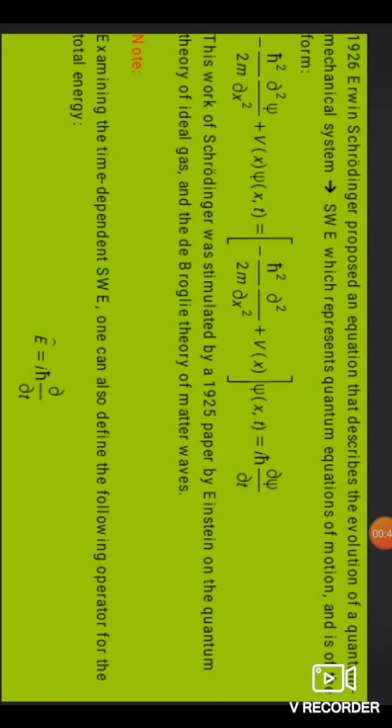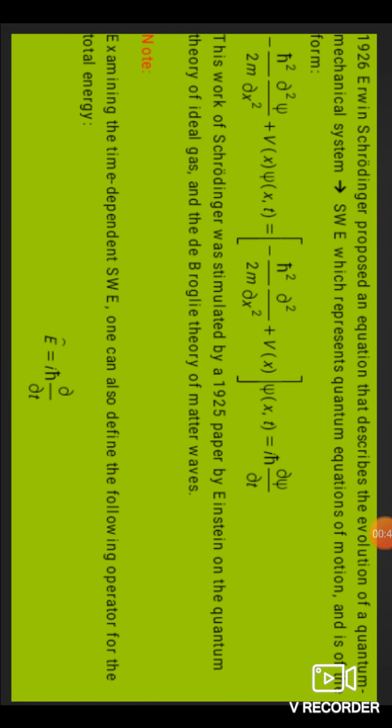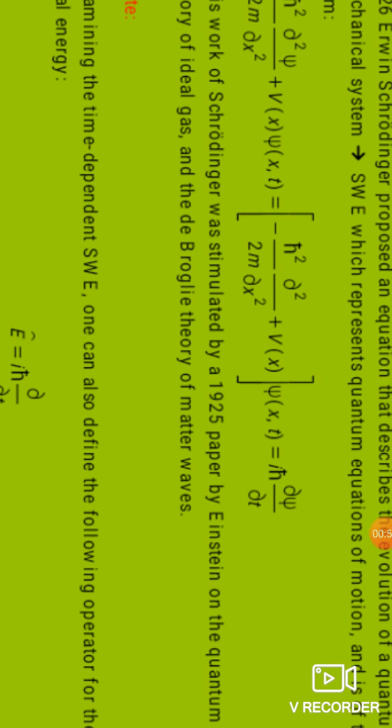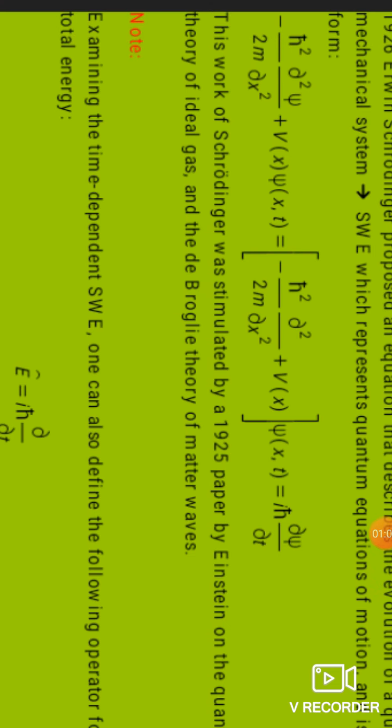This is the state function or wave function of a particle. The Schrodinger equation shows a whole setup like old classical mechanics, Lagrangian equations, or Hamiltonian equations. It gives all experimental data and information of the system.